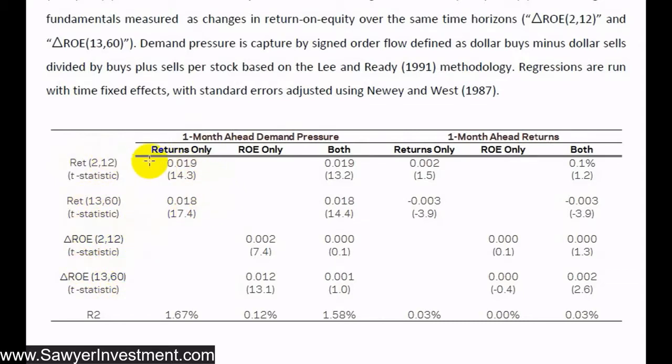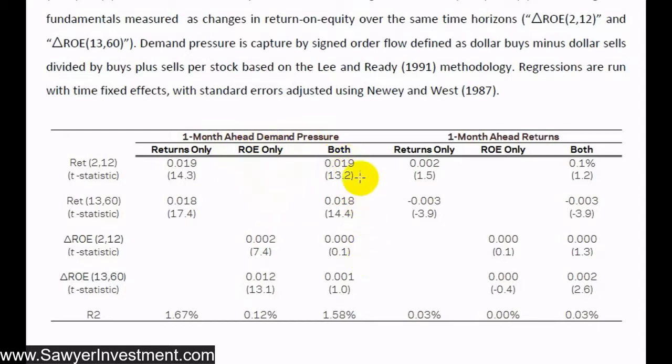And so we see here that since these coefficients are positive and have very significant t-statistics, when taken in isolation, the past returns as well as the past fundamentals, the past return on equity, drive the 1 month ahead demand pressure positively. So the higher the past returns or the higher the past return on equity, the higher the demand pressure.